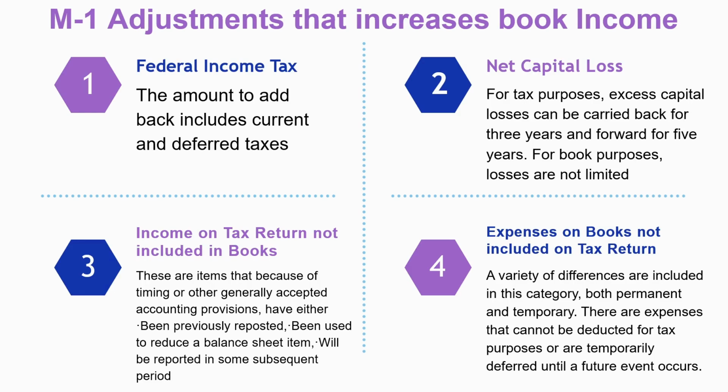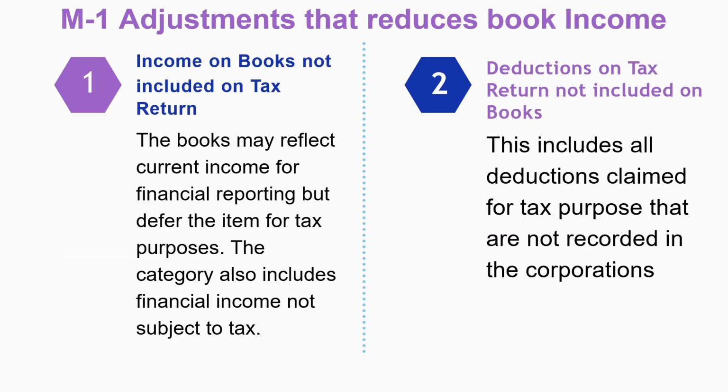Federal income tax, net capital losses, income on tax return not included in books, and expenses on books not included in tax return. The second category is adjustments that reduce book income. So basically, these are the items that have to be subtracted from book income on Schedule M1. The first element is income on books not included in tax return.